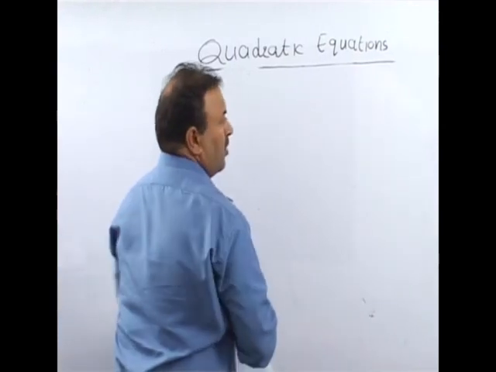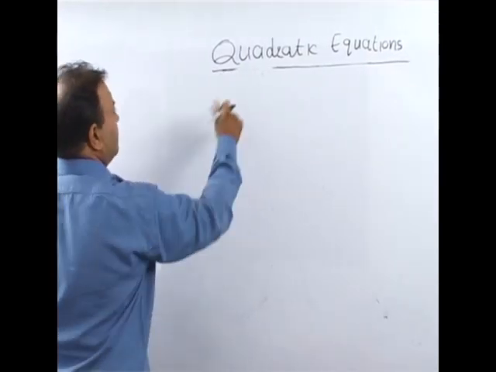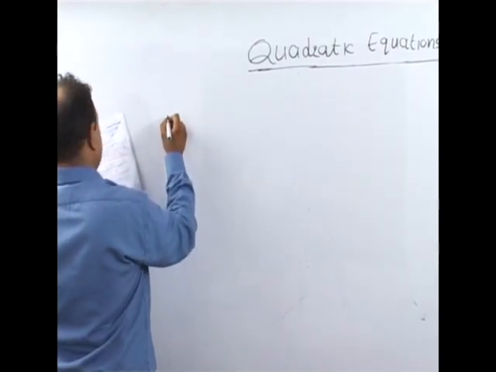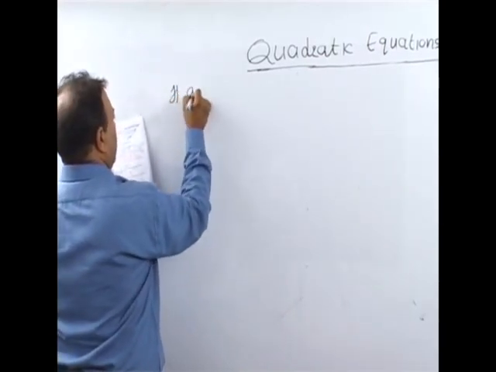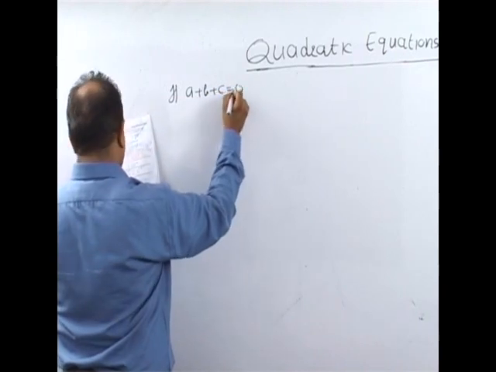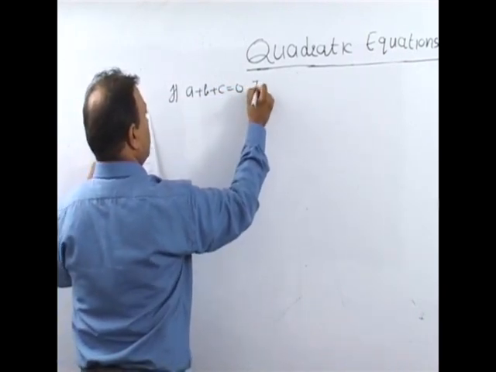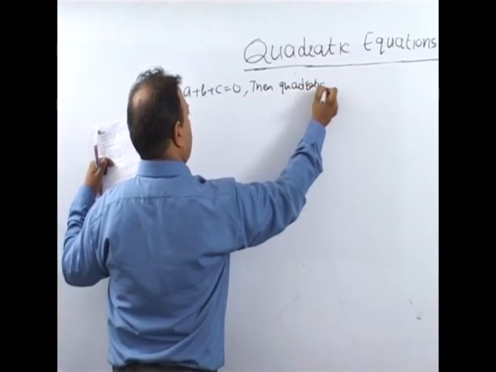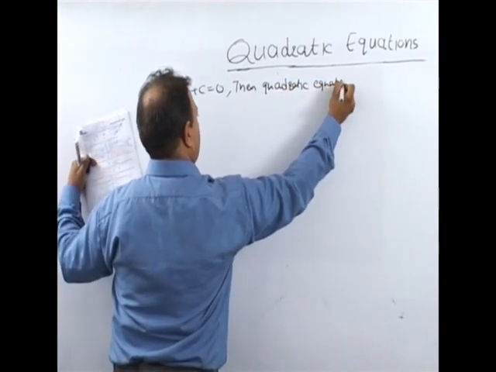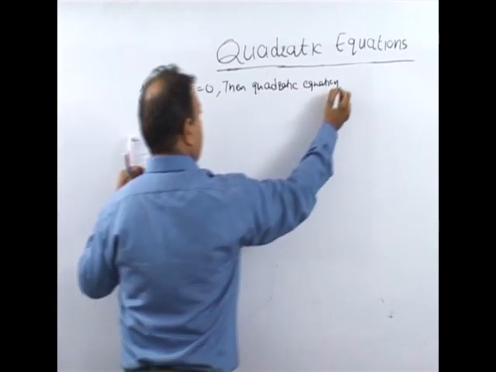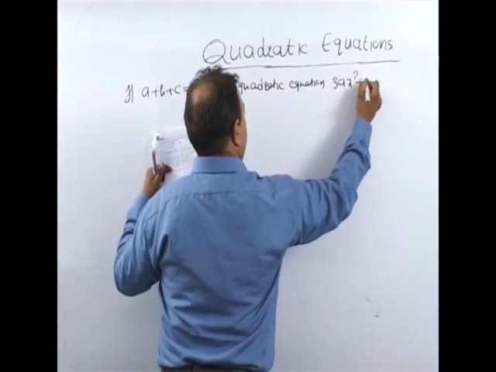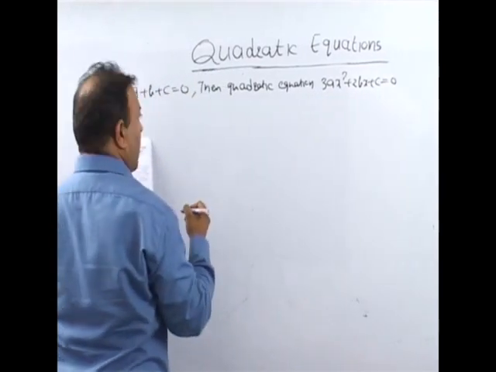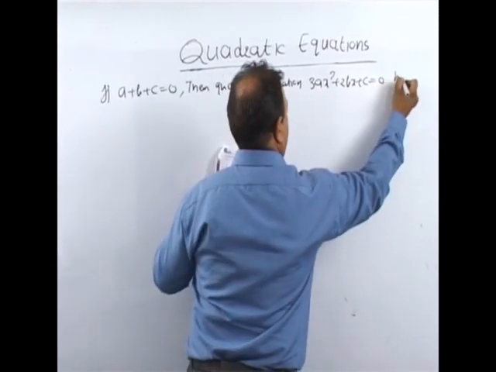Now the next problem is, if a plus b plus c is equal to 0, then the quadratic equation 3ax square plus 2bx plus c is equal to 0 has.